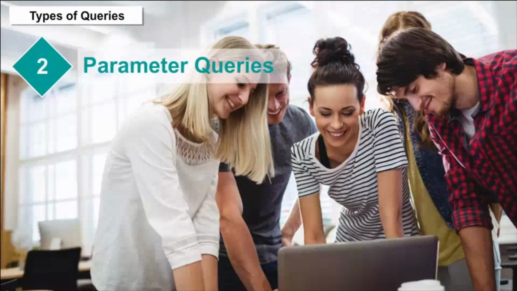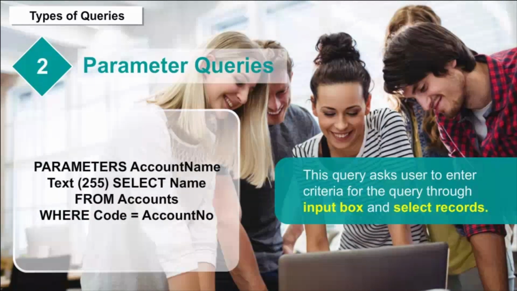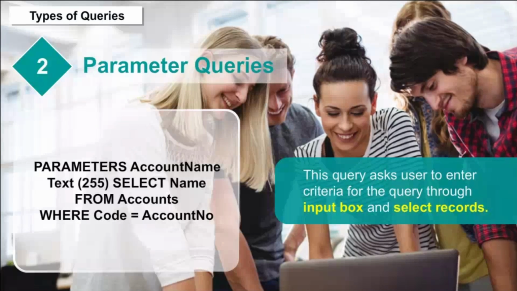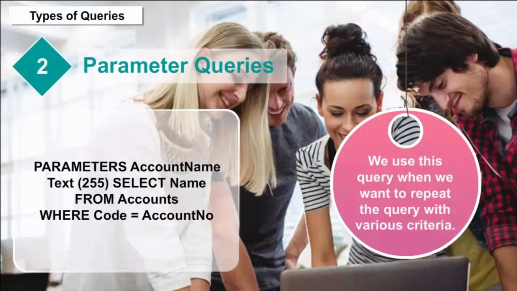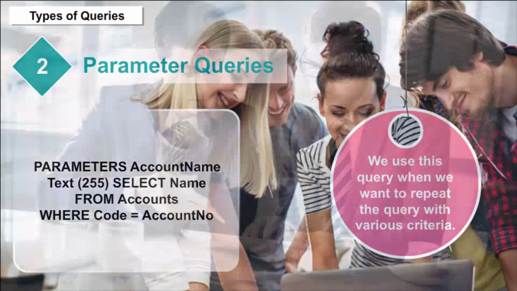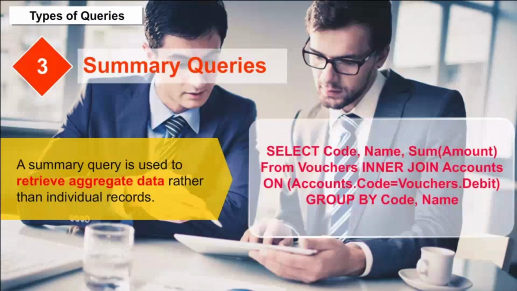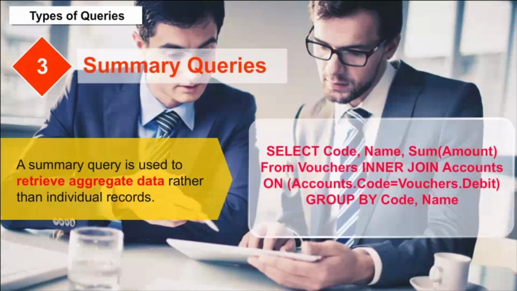2. Parameter queries. This query asks the user to enter criteria for the query through an input box and selects records. We use this query when we want to repeat the query with various criteria. 3. Summary queries. A summary query is used to retrieve aggregate data rather than individual records.